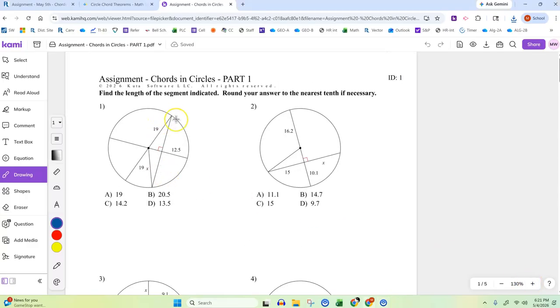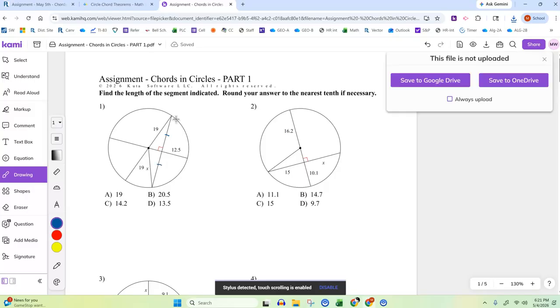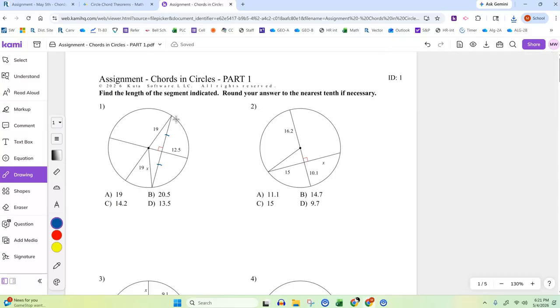Okay, so we have that kind of thing, right? We have a chord right here, and it's cut by the 90-degree angle. So that means this is going to be the same as that. Okay, well, but they don't tell us what it is, right? They don't tell us what it is, so that doesn't really help us, right? But if these two are equal, and then this third one right here is the same, that means the third one is finally the same.